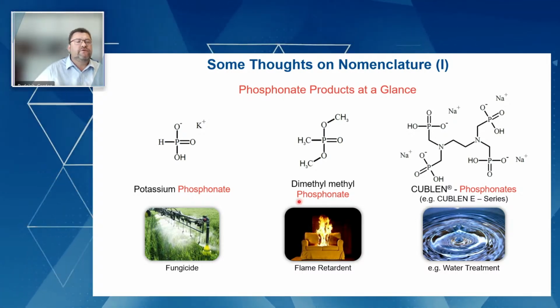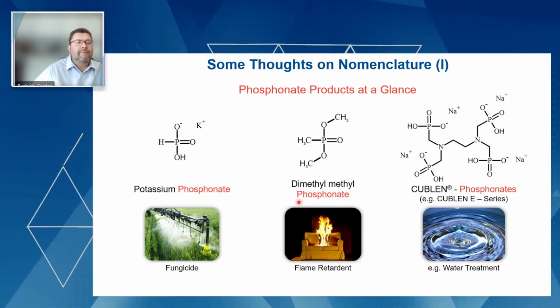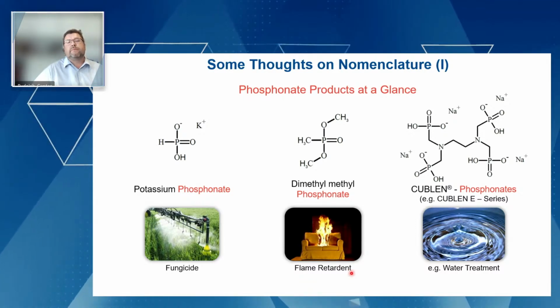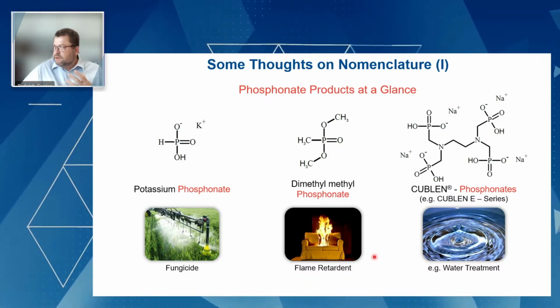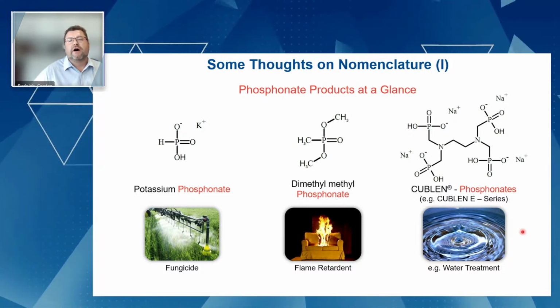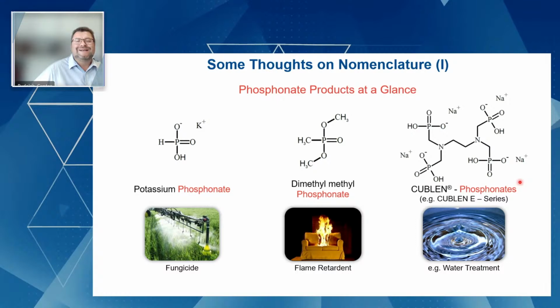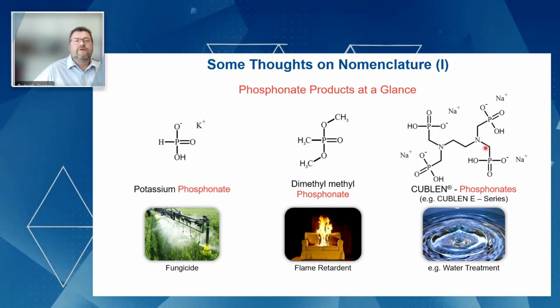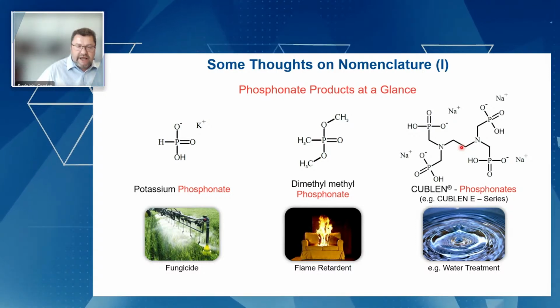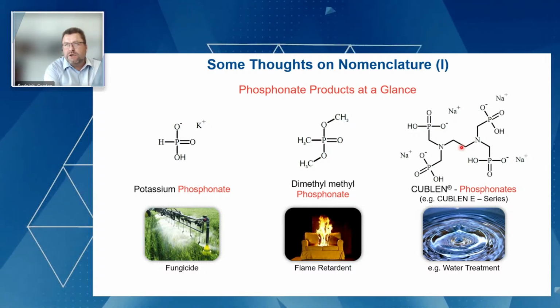In some nomenclatures, phosphonates are also called esters, but these esters are used as flame retardants, for example. What we produce in our plants, in Mosdorf especially, are phosphonates. That means the salts out of phosphonic acids. And one application field is, for example, water treatment.